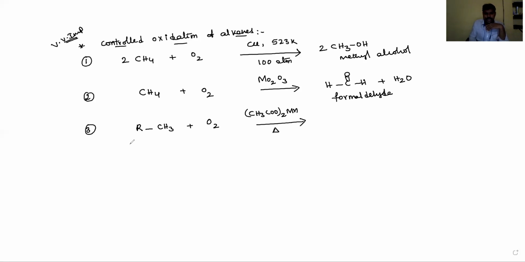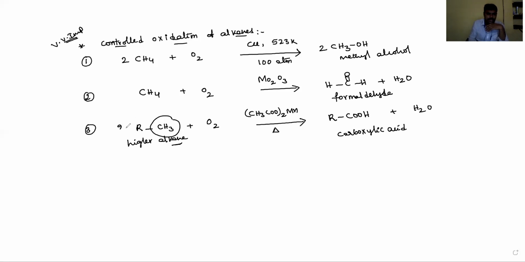Then in the higher alkane, the CH3 group is converted into acids, RCOOH, carboxylic acids, and water. Okay, so the carboxylic acids are the product. So just you have to balance this, dear students.